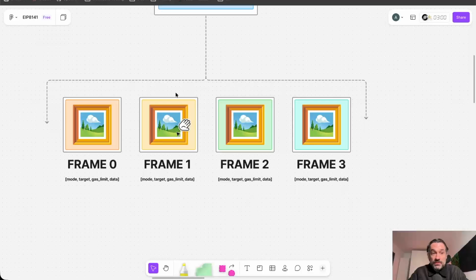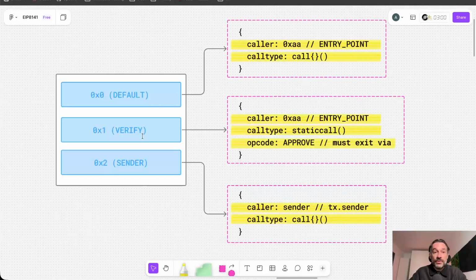This is an important point to understand about the modes. The entry point at address 0xAA is the Ethereum built-in orchestrator for the frames transaction. I think it might have the same design as the ERC4337 entry point contract.